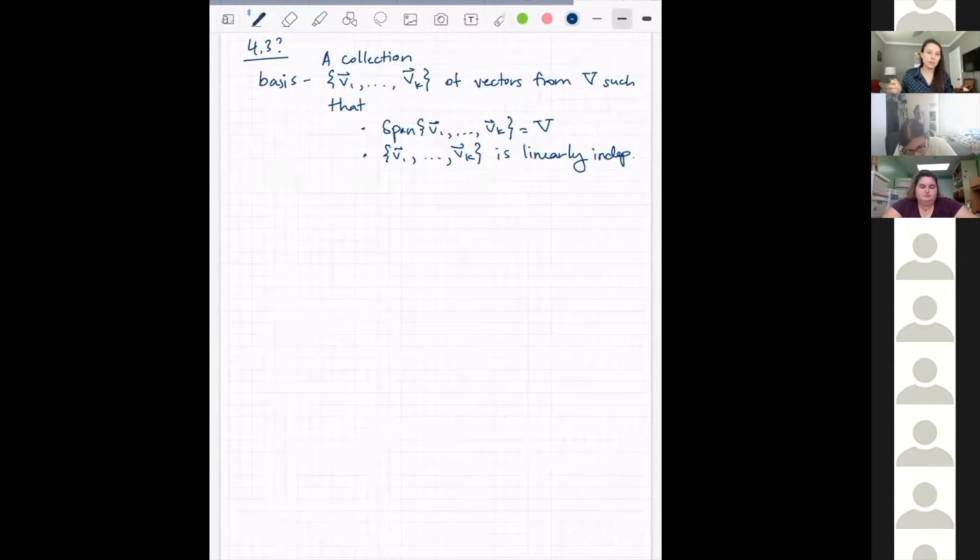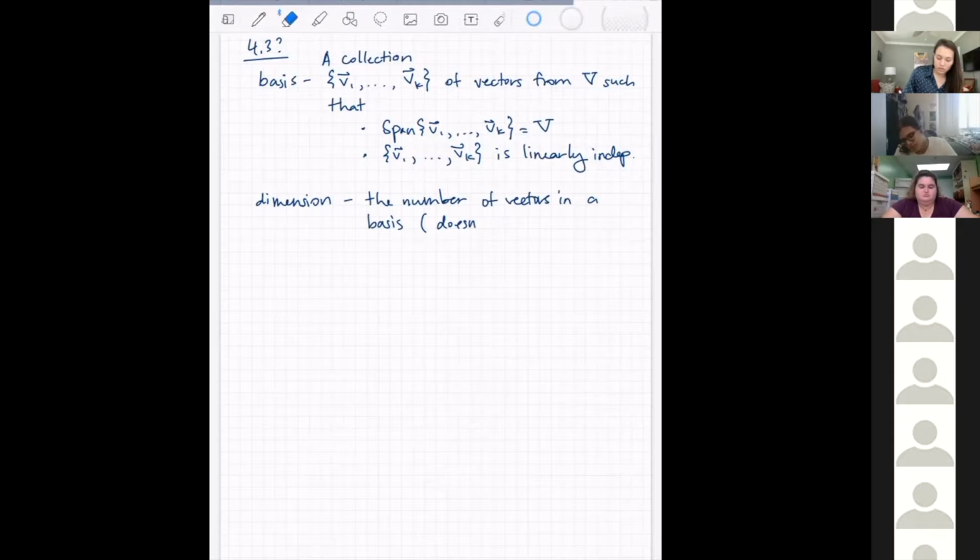Okay, that's a basis. And then dimension is going to be the number of vectors in a basis. It doesn't change depending on the basis. The number of vectors doesn't change.